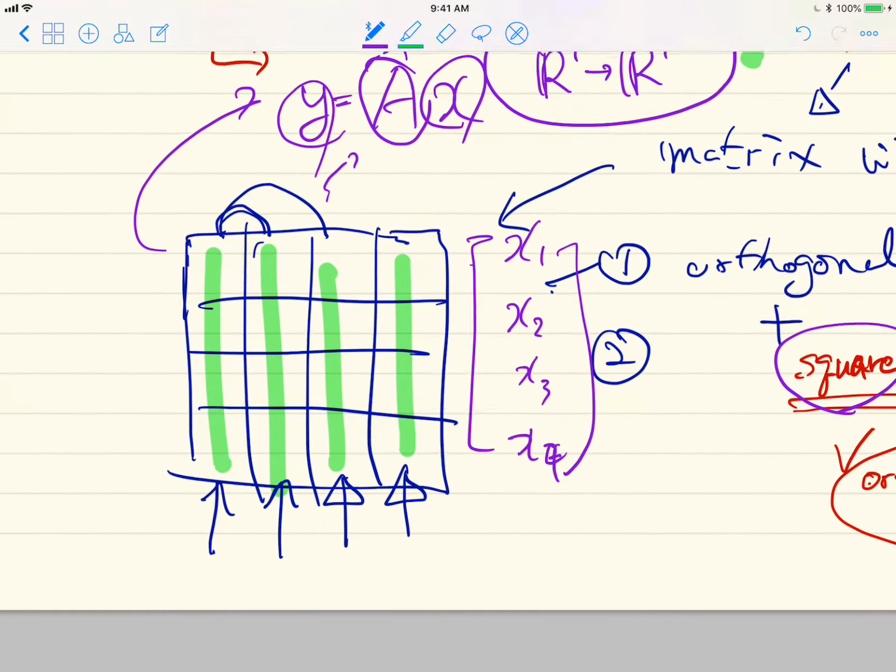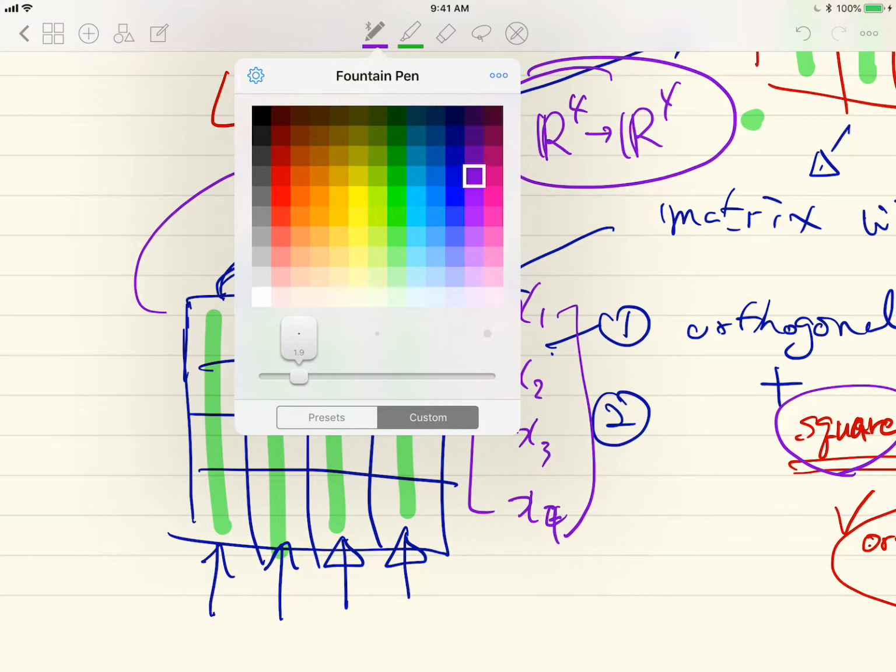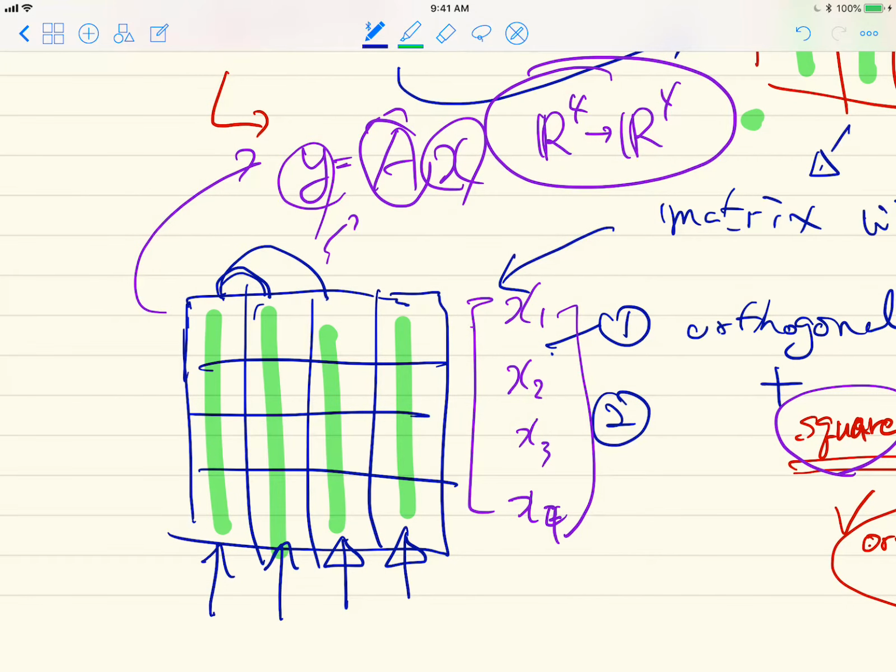We know that if we use 1, 0, 0, 0, it's like picking up the first column, and the second column, and so on, right? And initially 1, 0, 0, 0 and 0, 1, 0, 0 and 0, 0, 1, 0 and so on are also an orthonormal set, right? Their vector length is 1.